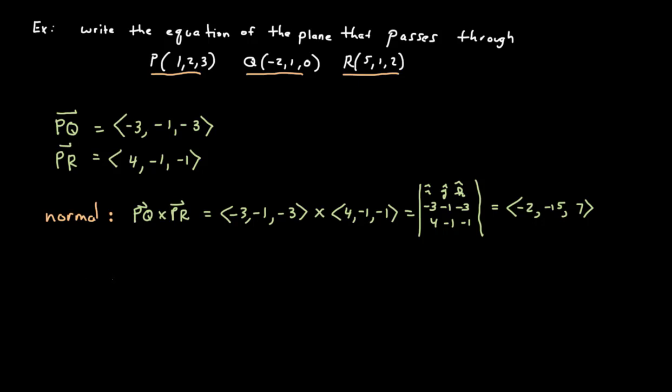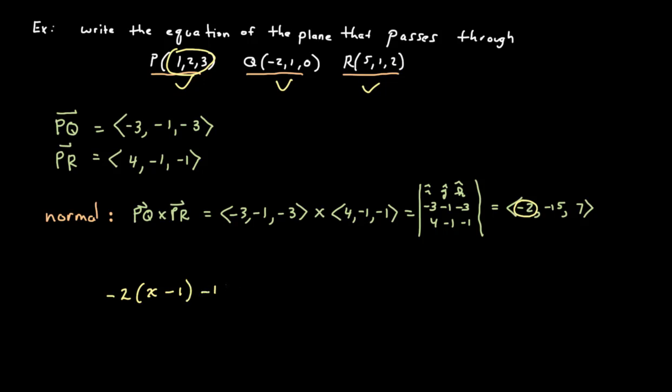We explained that in order to come up with an equation of the plane, we need a point and that normal vector. We can pick any one of these points. I'm going to pick the first one just because it's the first one. So we have -2 times x minus x naught, and because I'm using this point, x naught is equal to 1.